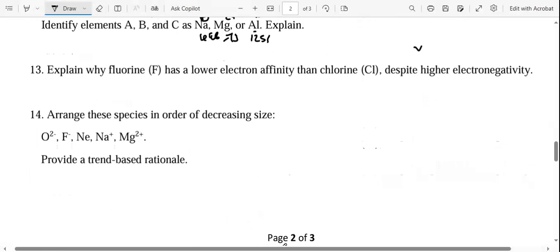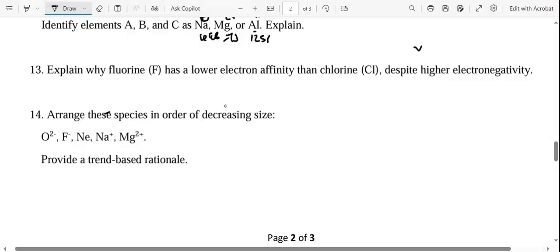The reason you can give is the repulsion in the electron configuration of 2p of F. You find that there will be an electron in the chlorine remaining more than in the fluorine. So that increases the electron affinity. Okay, affinity is just the love of an electron.